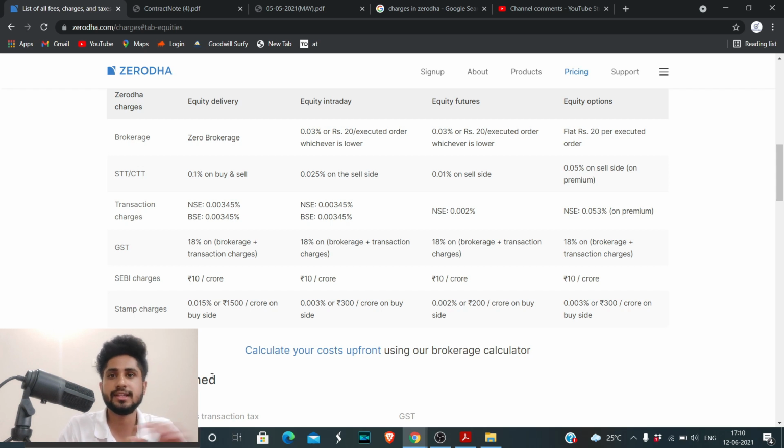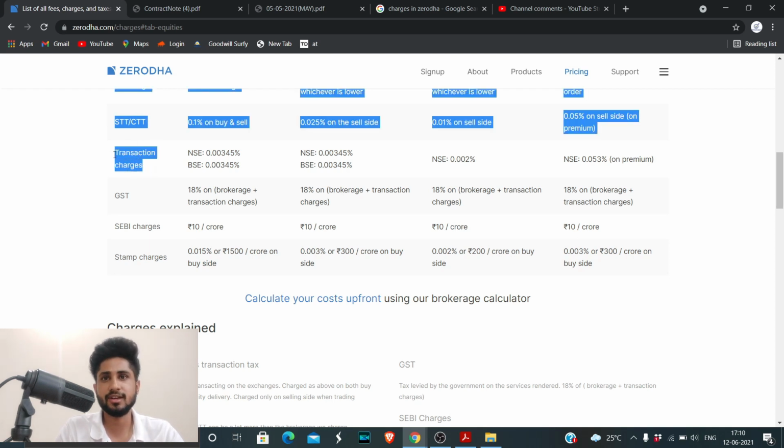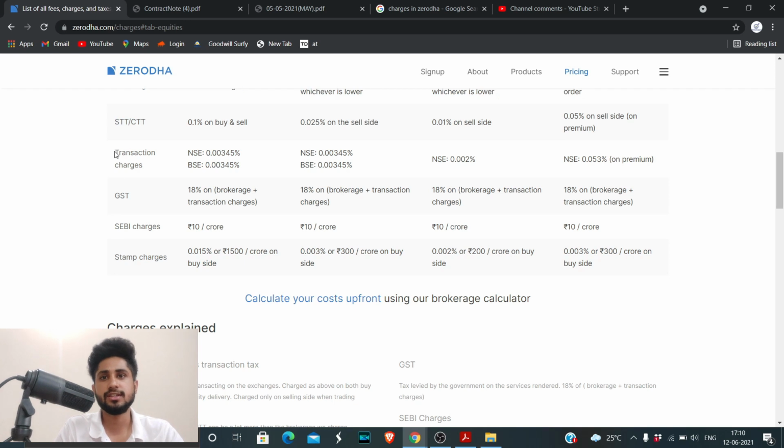So the list of charges is as follows. Brokerage, which is the same thing all of us pay, and security transaction charge. Then transaction charges, which are levied by the exchange, and GST, then SEBI charges, then stamp charges.